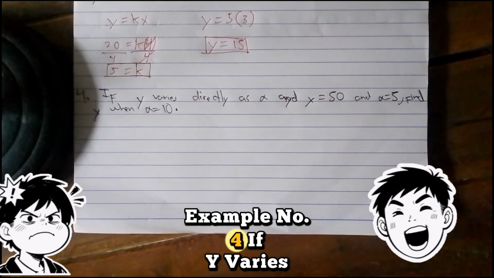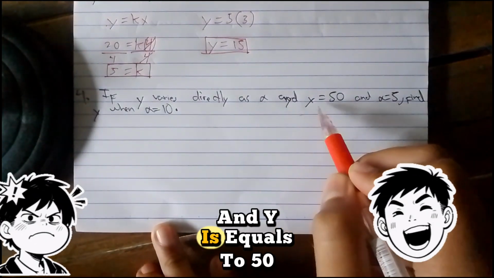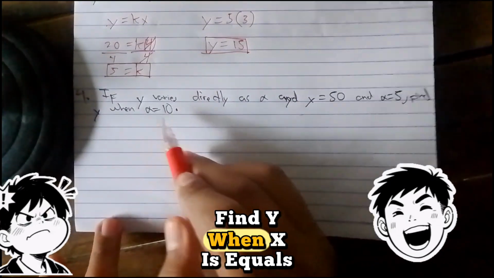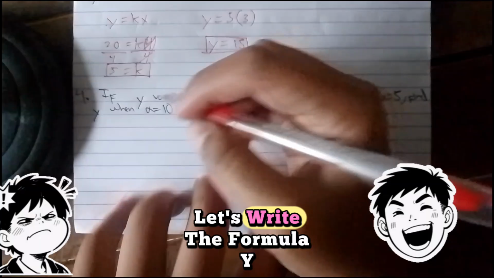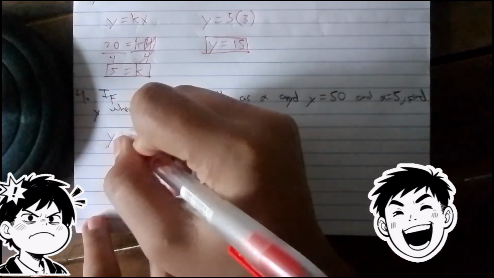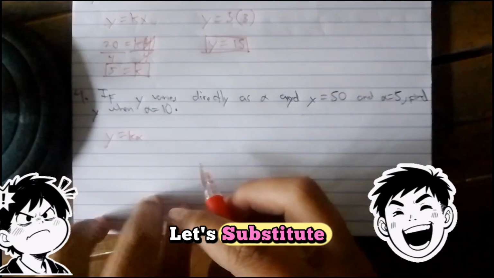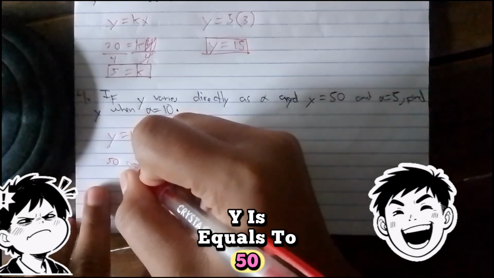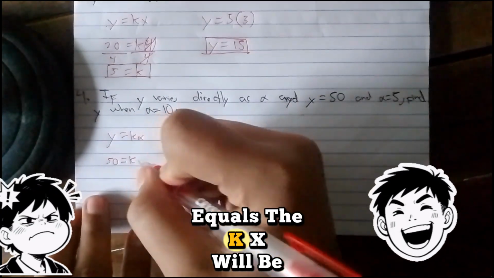Example number 4. If y varies directly as x and y is equal to 50 and x is equal to 5, find y when x is equal to 10. Let's write the formula. Y equals kx. Now let's substitute. Y equals 50 equals k.